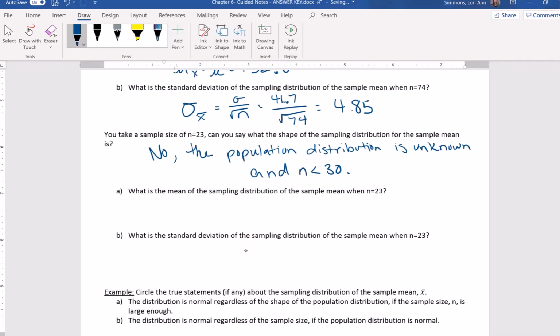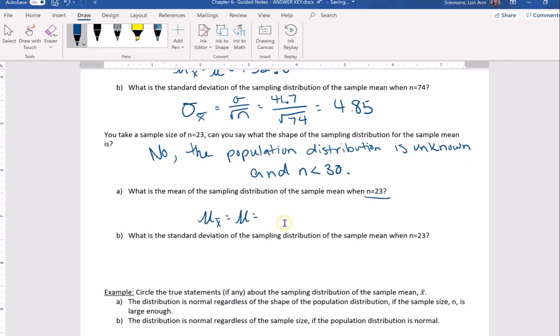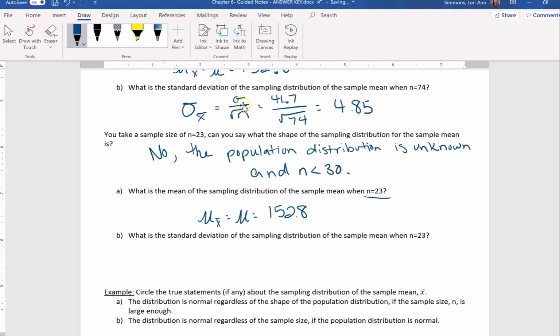What would be the mean for this sampling distribution of the sample mean when n is equal to 30? Again, mu of x bar is equal to mu. So it'd still be 152.8. And then the standard deviation of x bar would be sigma over square root of n.